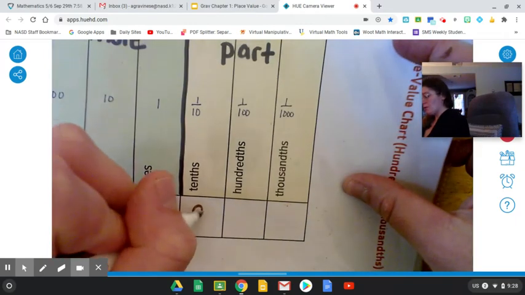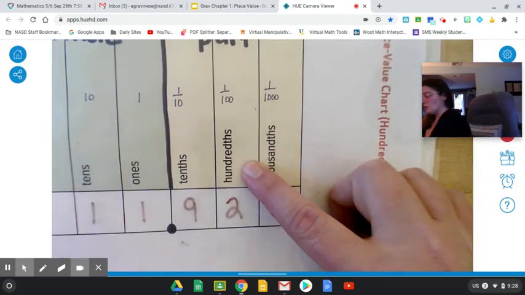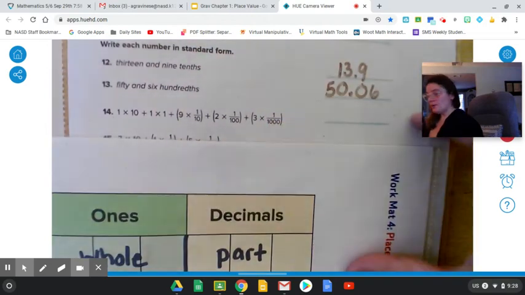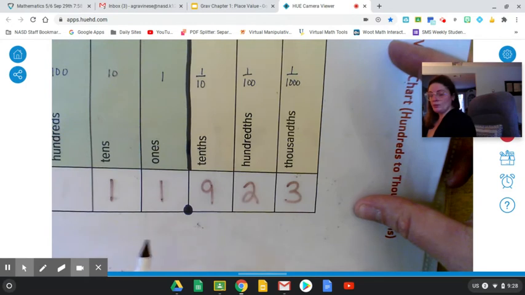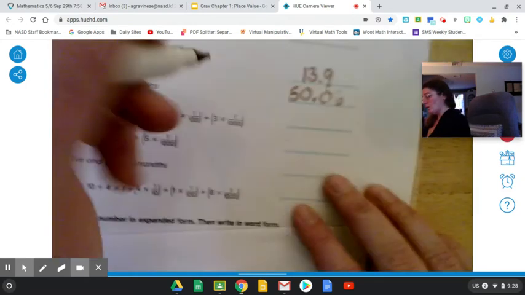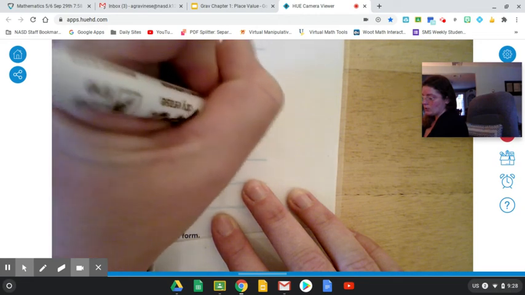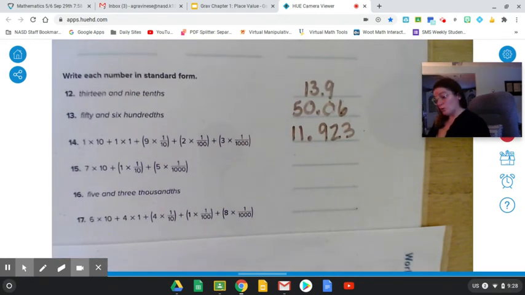Here's the tenths. We need a 2 in the hundredths. Here's the hundredths. And we need a 3 in the thousandths. There you go. So our number is 11.923, which is 11 and 923 thousandths. Pause the video and do the next 3 problems on your own.